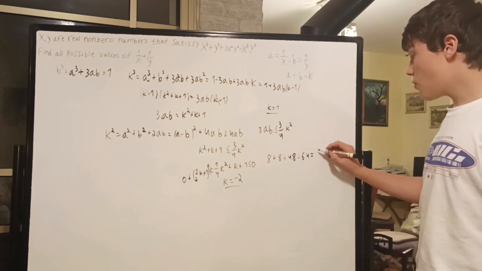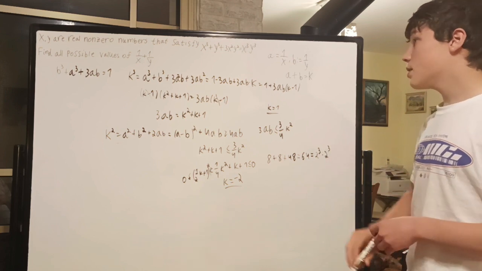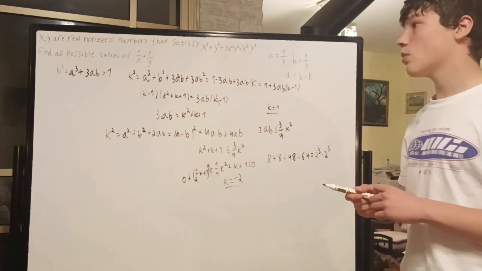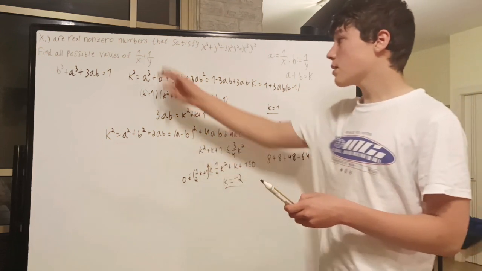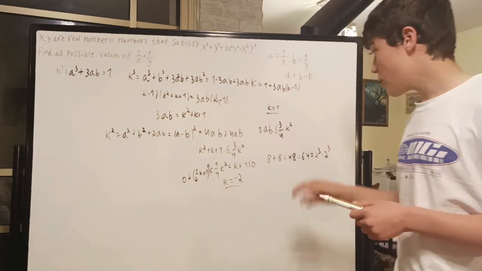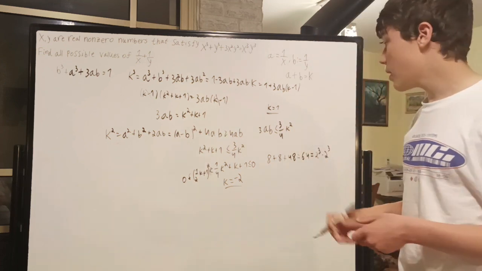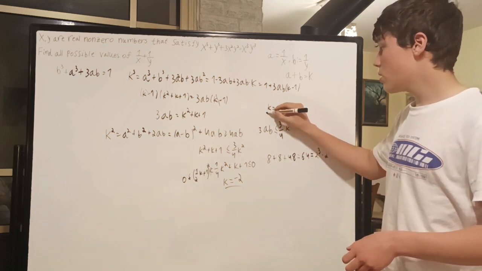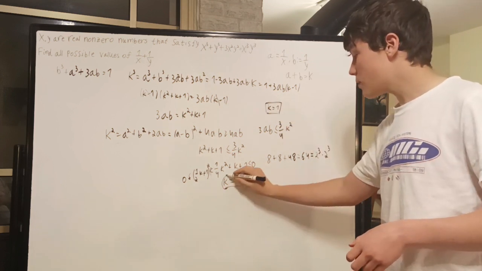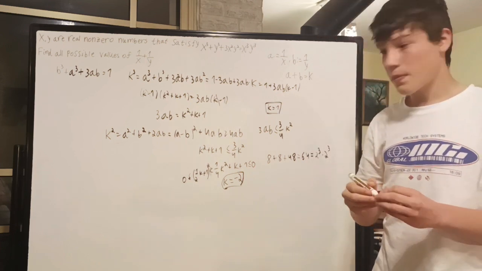And indeed, 64 is 2 to the 6th power, which is 2 cubed times 2 cubed. So indeed this equation works for x and y both 2. And plugging x and y equal to 2 into 1 over x plus 1 over y, that really gets us 1. So finally, we got that k is equal to 1 and k is equal to -2 are the only possible values for 1 over x plus 1 over y.